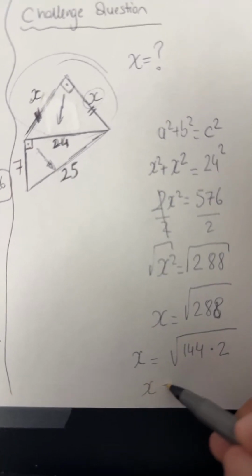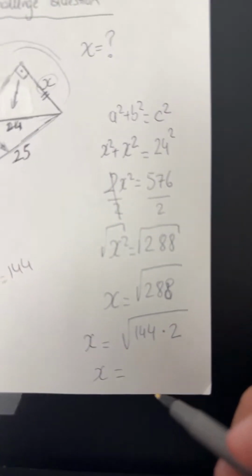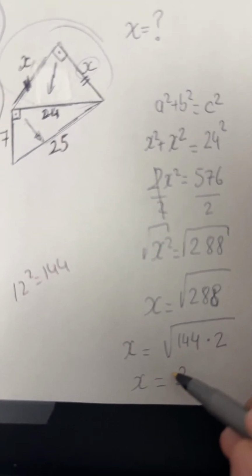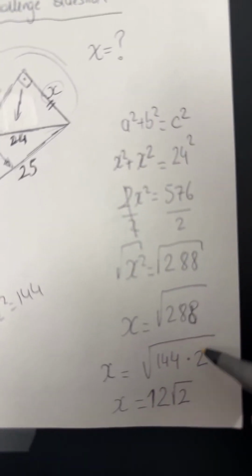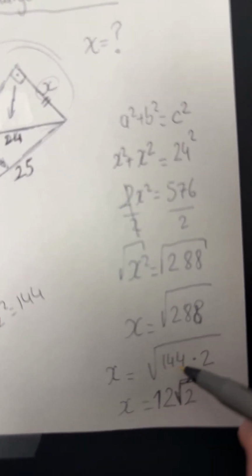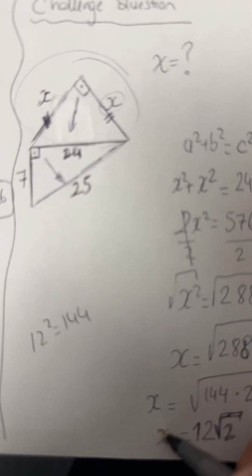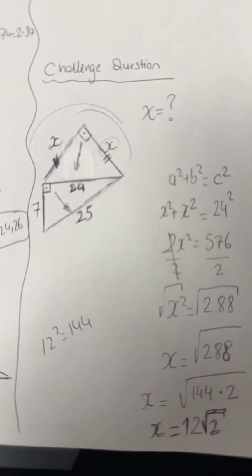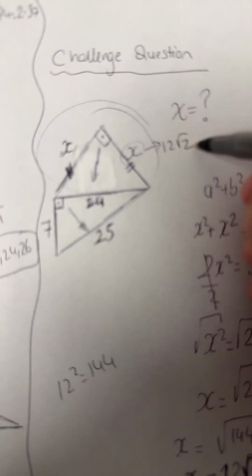I know that 12 squared is 144, so the square root of 144 is 12. So 12 root 2. We cannot simplify root 2. It's going to stay inside the radical sign, but we can take 144 out. So x equals 12 square root of 2 is the answer.